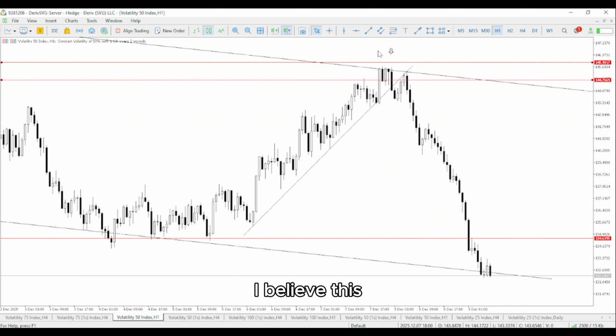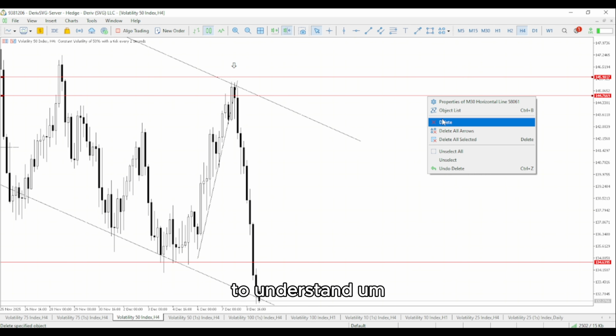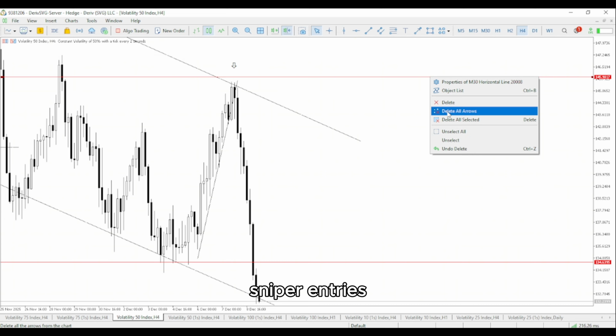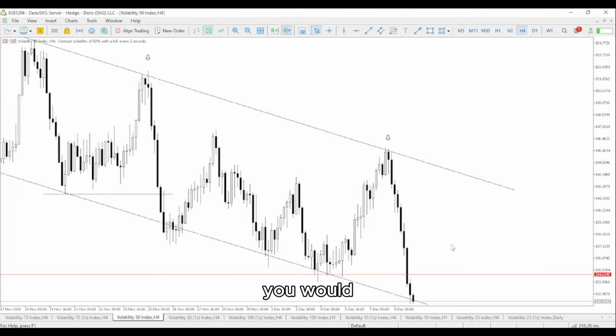So I believe this analysis I just did helped one of you to understand how to catch sniper entries and how to get a good A+ setup in the market. And trust me, without this top down analysis concept, you will definitely go astray in your trading.